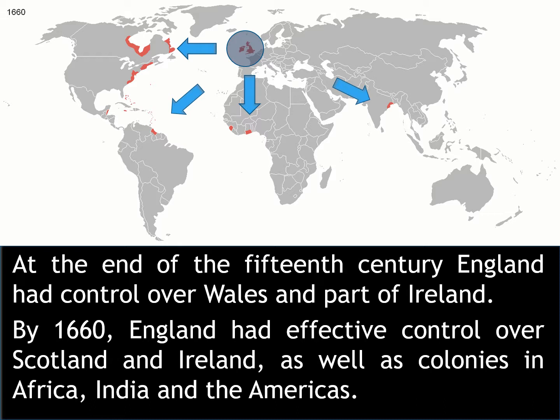All of Ireland, all of Scotland. They're all not formally united, but they're all basically under the control of England. And then you've got these colonies thousands of miles away, all right? Thousands of miles away, okay?